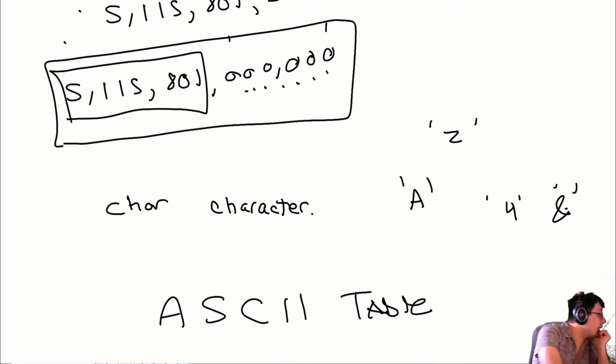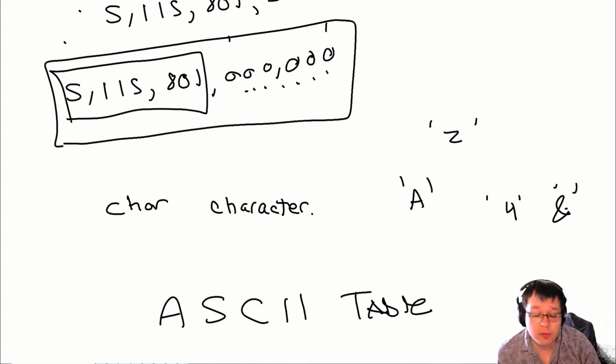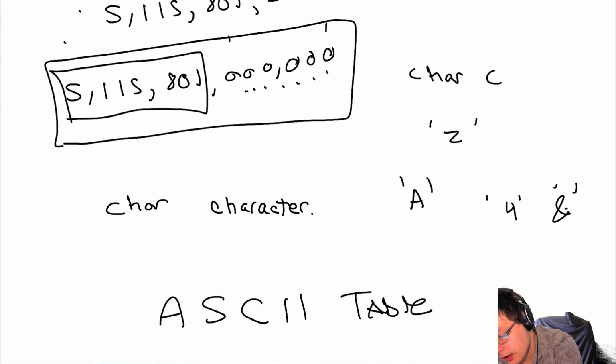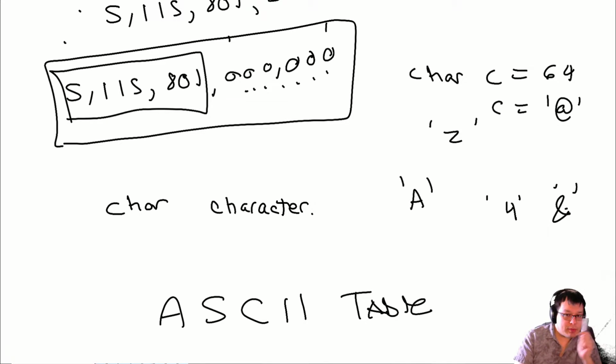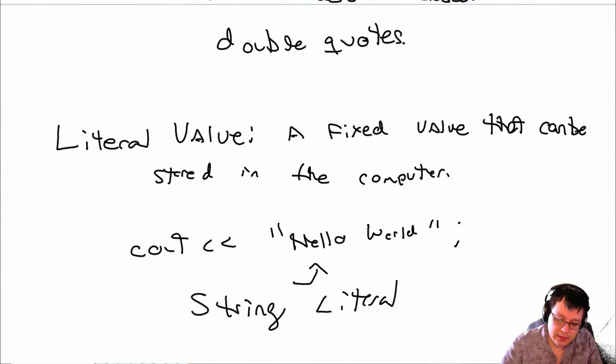And if you look in the ASCII table, let's see what 64 is. Actually, it's the @ symbol. So if you did char c gets 64, that's the same thing as doing c gets the @ symbol. Okay? And we'll do examples of all of this in a second once we jump into coding.